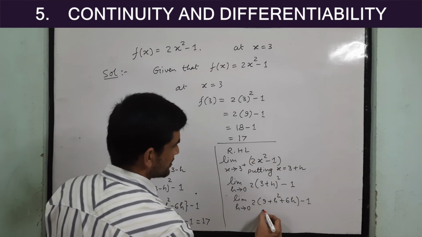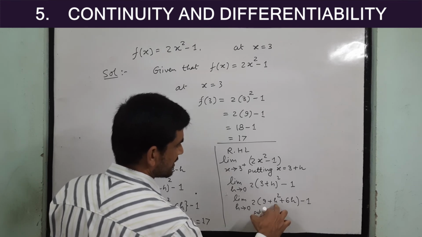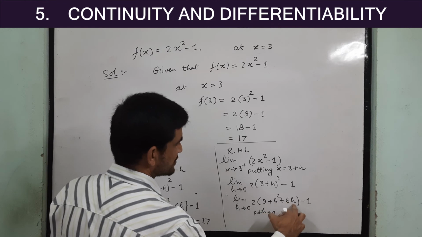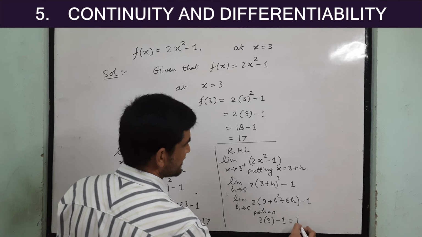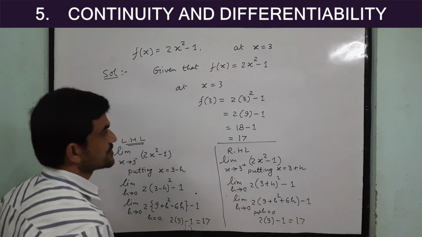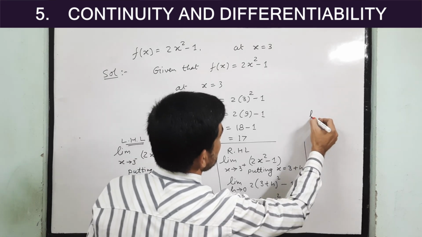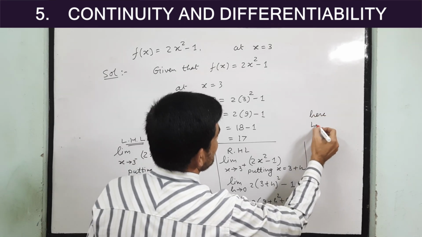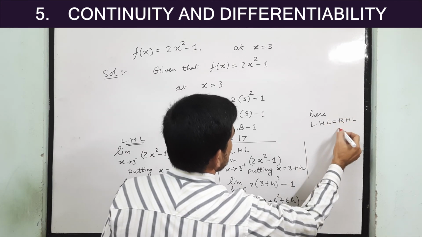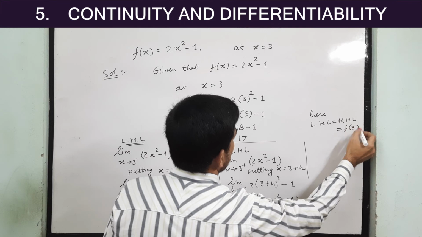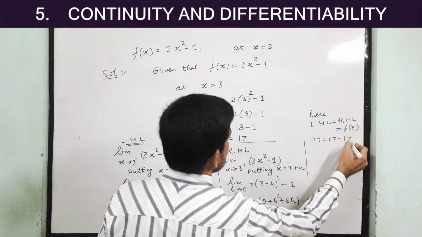When you put h = 0, the h terms become 0, and you get 2 × 9 − 1, that is 17 again. Just see, the left hand limit, the right hand limit, and f at 3 are all the same: 17, 17, 17.